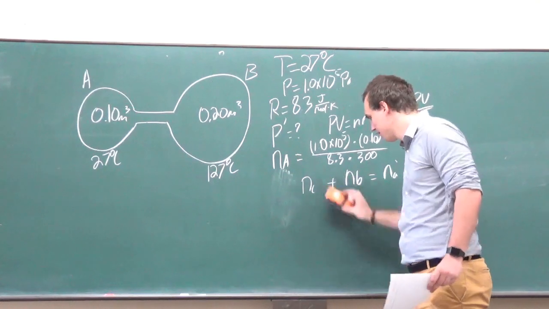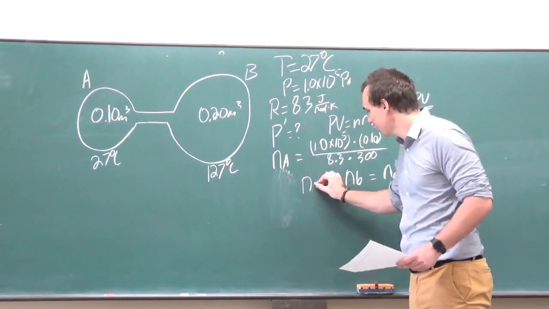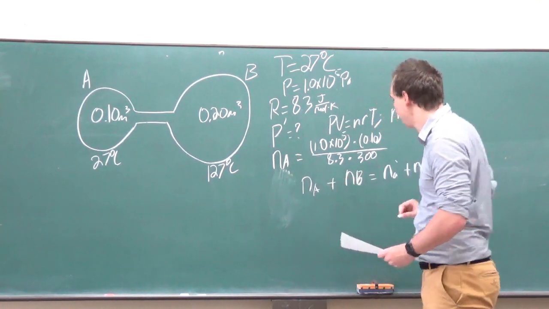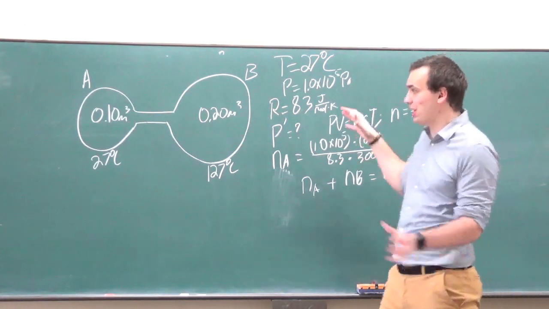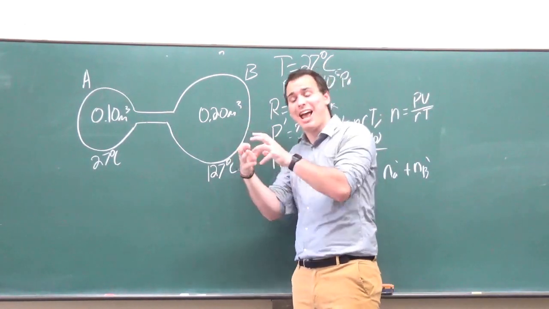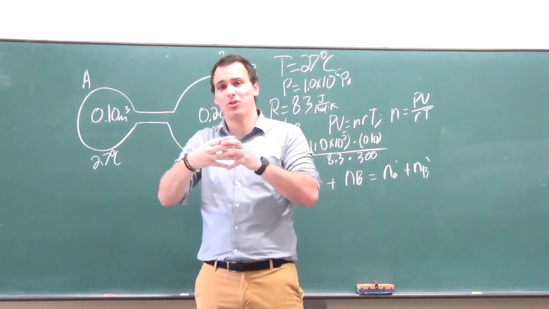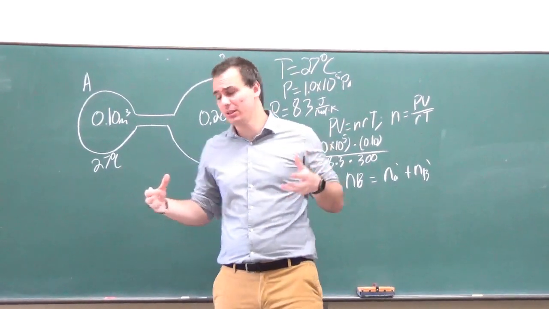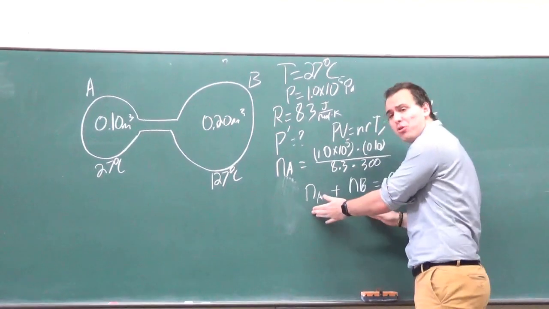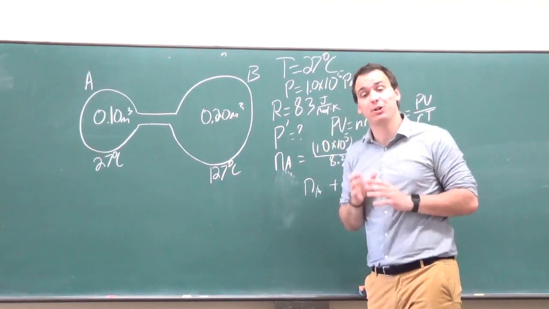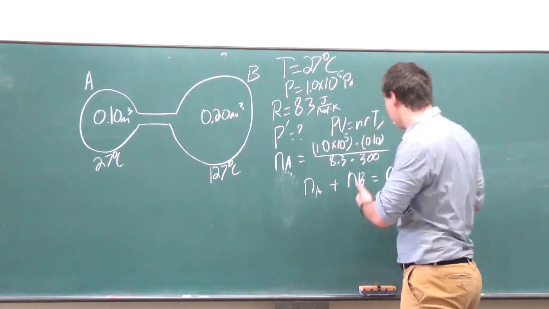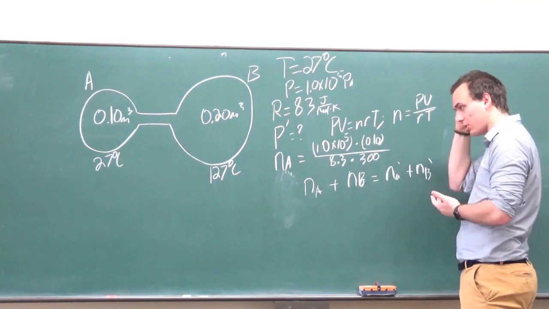Let's make those capitals. This must be true because this is a closed system and no gas will escape that system. So the amount of molecules before must equal the amount of molecules afterwards.